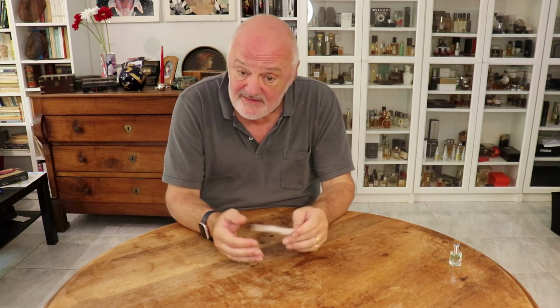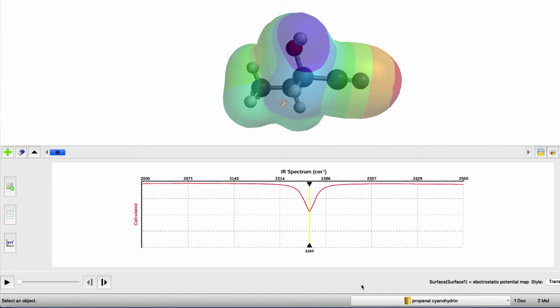And the presence of the OH group makes the nitrile invisible to a spectrometer. So here you see the CN stretch of the 2-hydroxybutyrylnitrile, and you can see that it's just under 2 divisions of intensity.